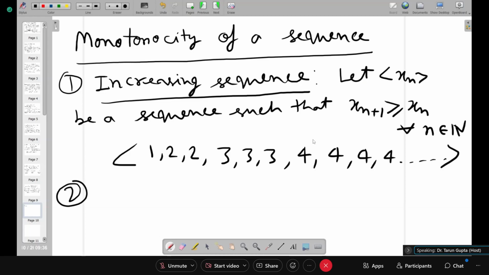Next one is the strictly increasing sequence.